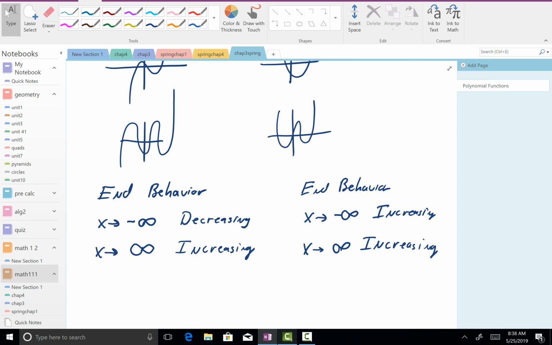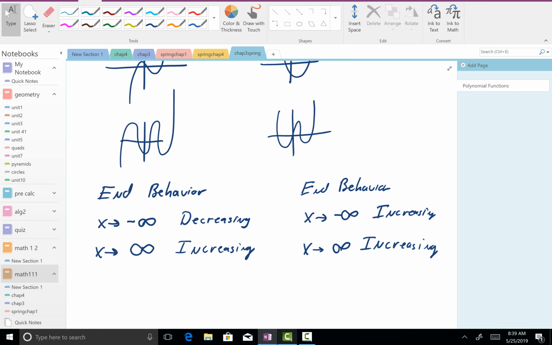All right? What are the x-intercepts? -1 and 2, right? Nothing changes, but wait a second. When we had a cubic before, like this, how many x-intercepts did we have? 3. How many we got now? 2. Okay.